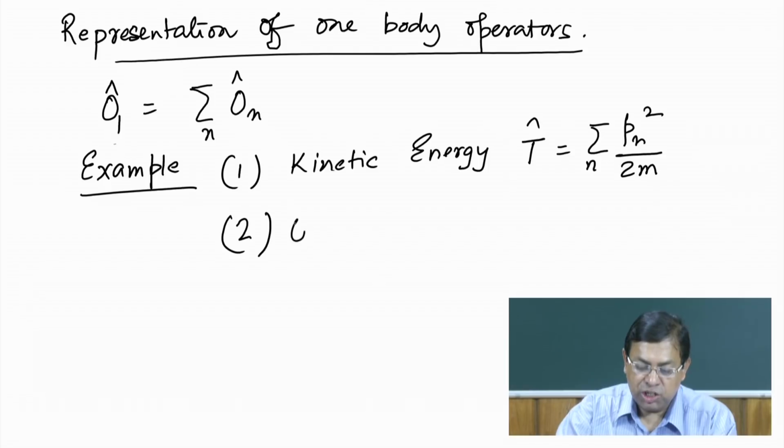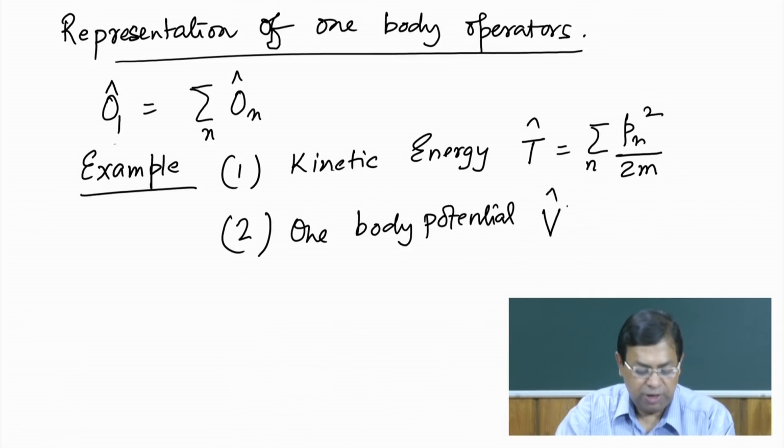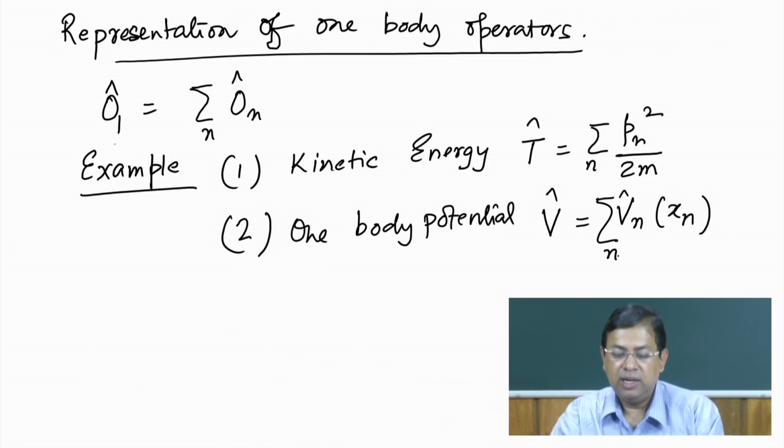Then we can have a one body potential, which is written like V of, so this will be V n x n and sum over n.